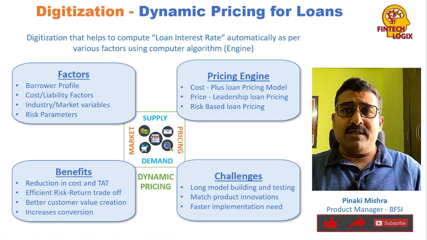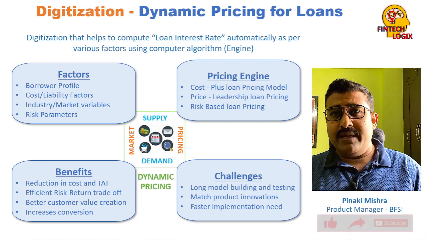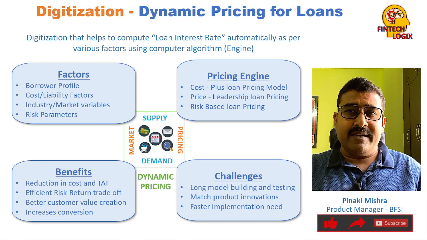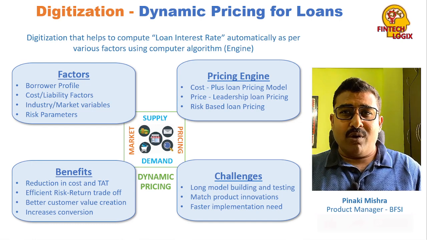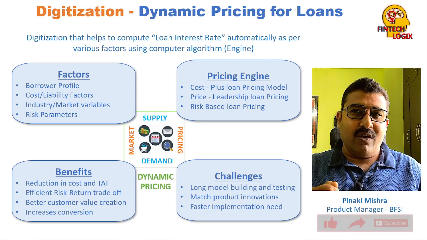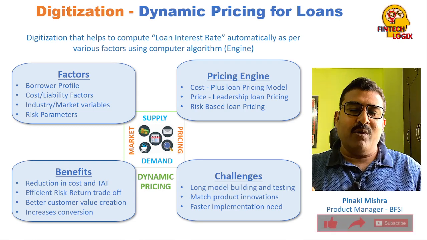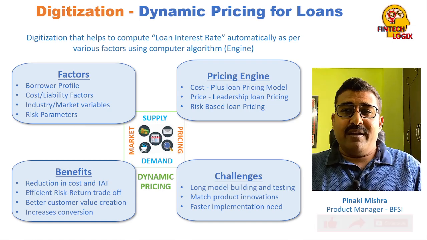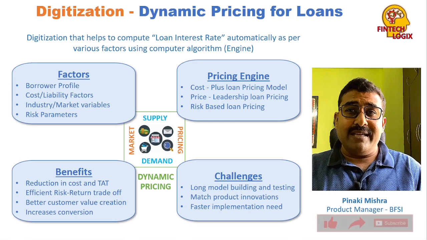So a lot of times we see that new lenders would struggle with the dynamic pricing model and end up giving a manual interest rate to their borrowers, because this needs a long process of making your engine work seamlessly with efficacy and all, right? So this is definitely a challenge to achieve a dynamic pricing model.